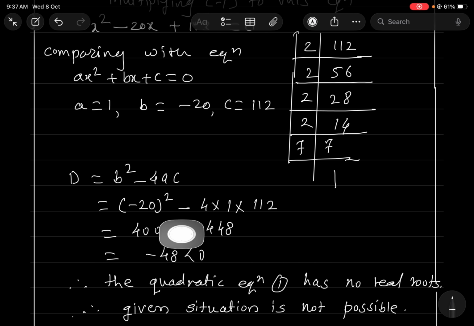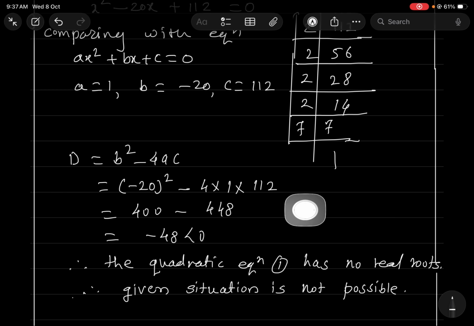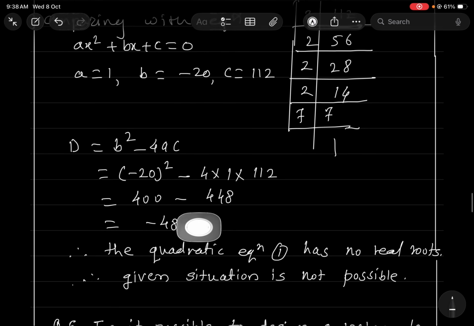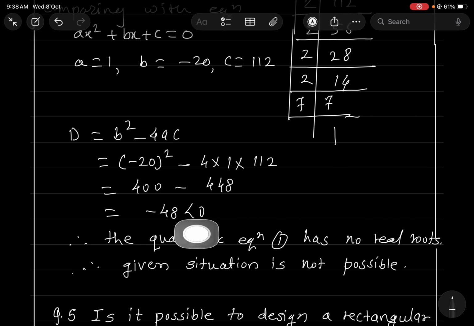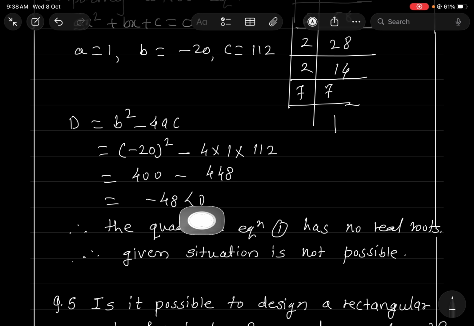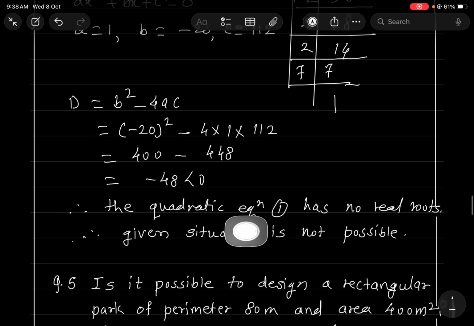So b square minus 4ac is minus 20 square minus 4 into 1 into 112, which is plus 400 minus 448, so minus 48. And this minus 48 is less than 0.